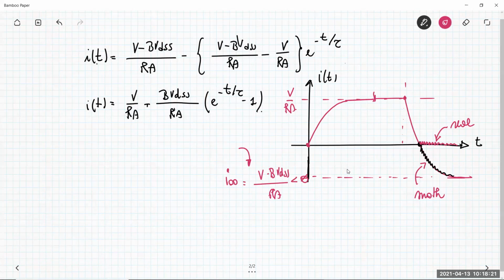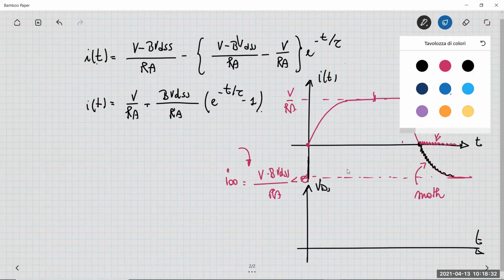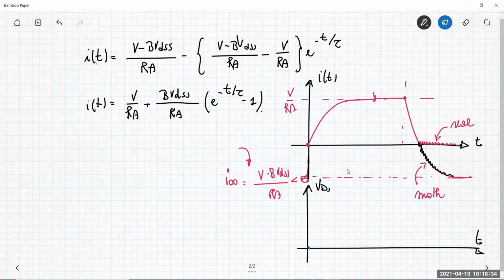If you want to plot simultaneously the voltage VDS you have at the MOSFET drain to source port, then when the MOSFET is on, the voltage is very close to zero. It's not zero.